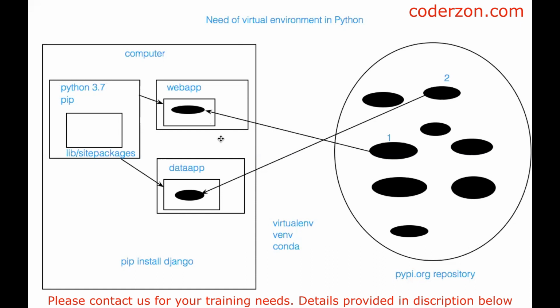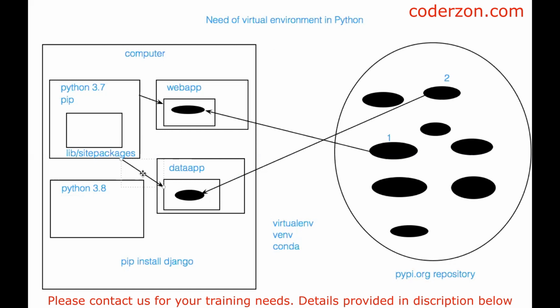One more thing is that in a computer we can install multiple Python interpreters. Here we have mentioned Python 3.7. We can have another Python setup, maybe Python 3.8. Here we have two Python installations on this computer. One project may be using Python 3.7, another project may be using a virtual copy from Python 3.8. Maybe I want this web application's virtual env to be created from the 3.8 version of Python.